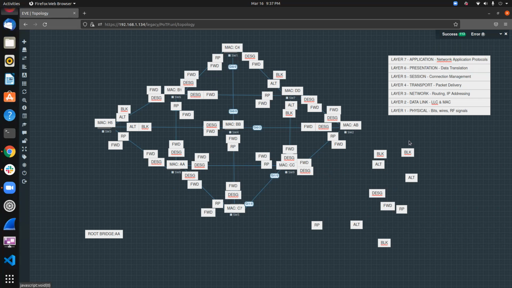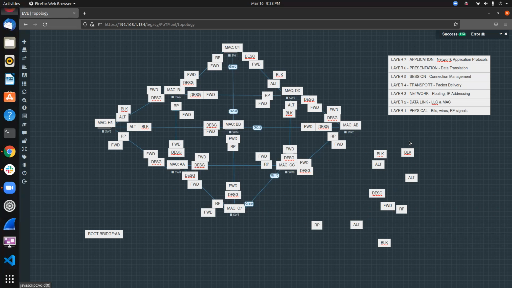Okay. All right, so now we're down to 2, and then there was 2. So we can see right now we have a forwarding state coming out of switch 4 to C7. All right, that's taken care of, but we have an opening between a non-designated right now. Non-designated is right, C7 to CC. We're going to choose this one between the other two, or actually to switch 2, excuse me.